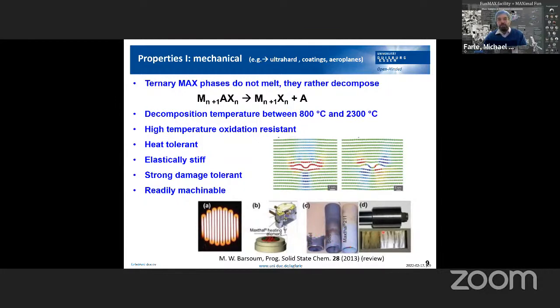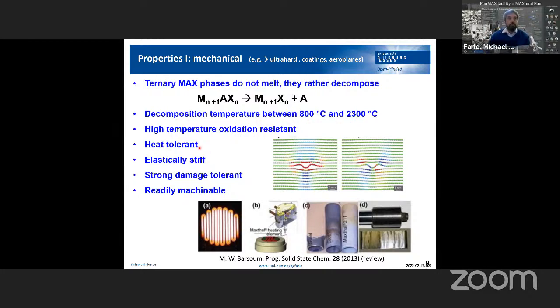Then you can machine this ceramic material. It's not very good conducting in certain situations. And you can use a drill and do mechanical treatment of this material. So that is all summarized here. Decomposition temperatures between 800 and 2300 degrees Celsius due to the carbon bonding.